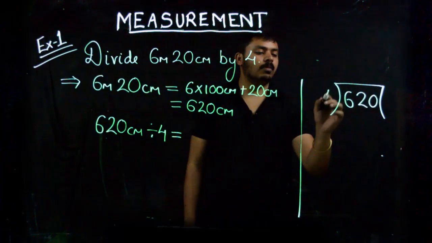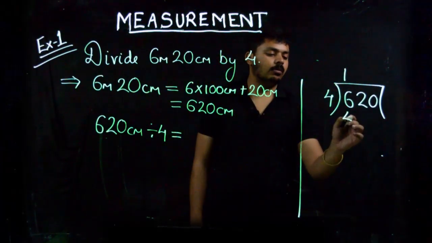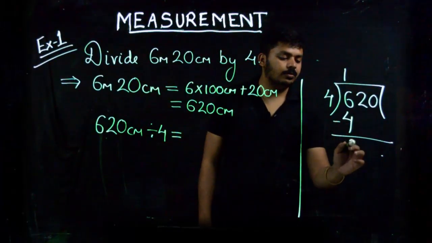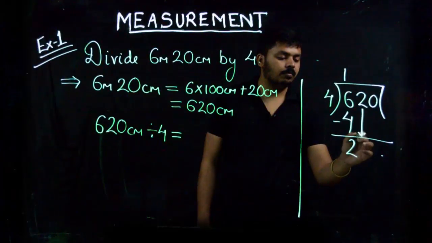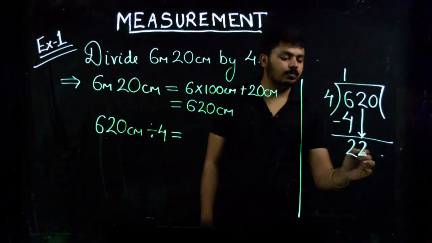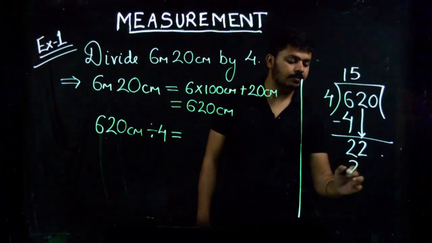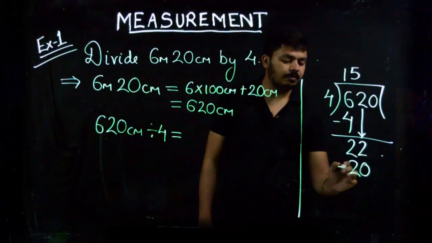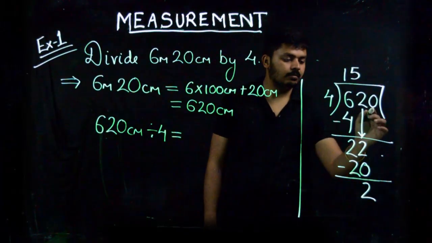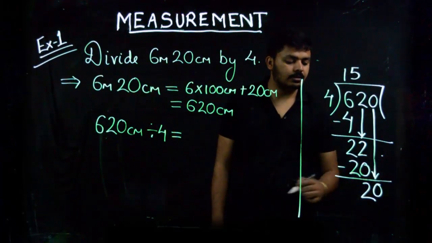620 by 4. So 4 multiplied by 1 is 4, subtracting gives 2. Now bringing down the second term, that is 2. Now 4 multiplied by 5 is 20, subtracting again you get 2 as a remainder, bringing down the third digit, the 20.